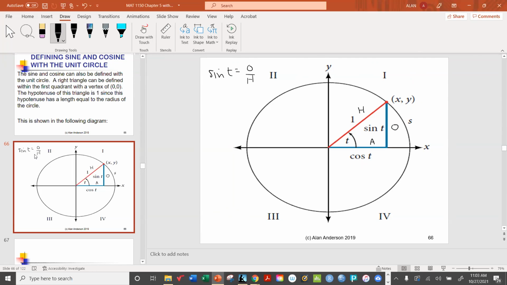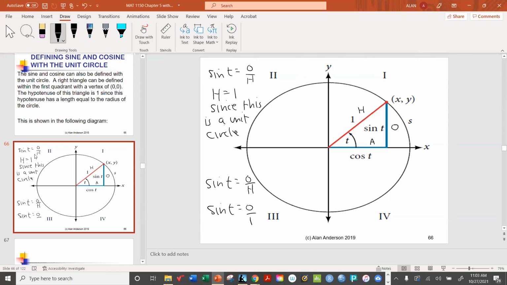Now, because this is the radius of the circle, h equals 1, since this is a unit circle. So sine T equals O over H, sine T equals O over 1, which means the opposite is the sine of T. And it's labeled that way right here. In other words, this blue line is the sine of T.